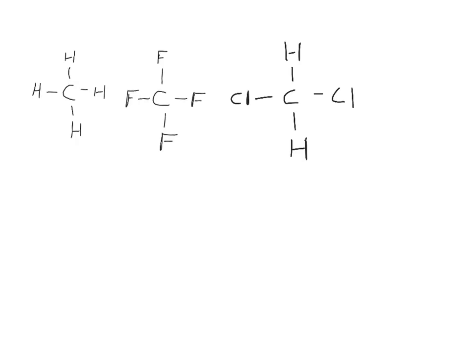Predicting molecular polarity, so whether or not a molecule is polar. Here I've got 3 examples. They're all XY4 types, meaning one central atom and then 4 atoms bonded around it.